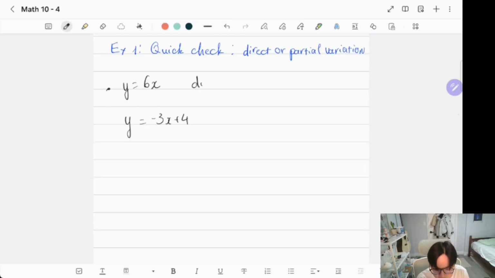And this one has a constant term, which is plus 4, and when we put x equal to 0, y is equal to 4. So this one does not go through the origin, which means it is partial variation.